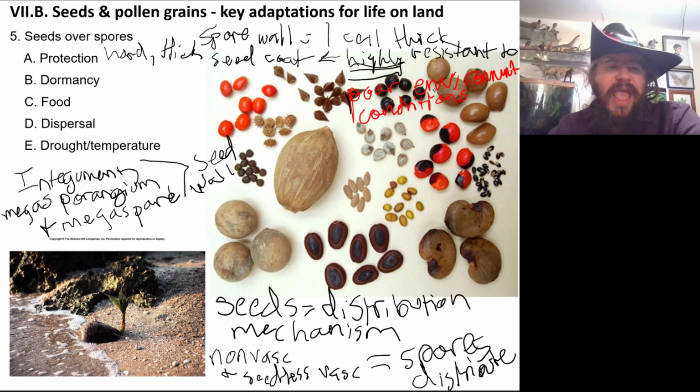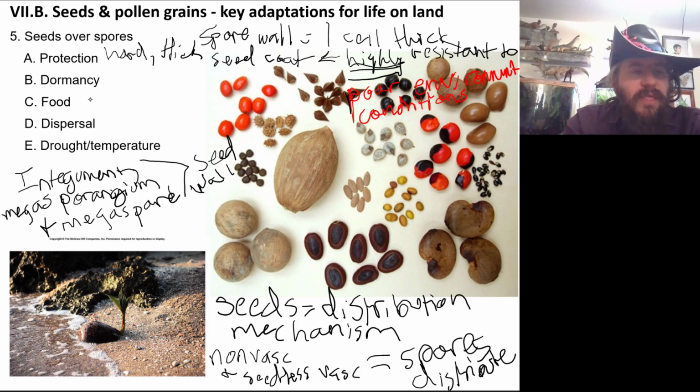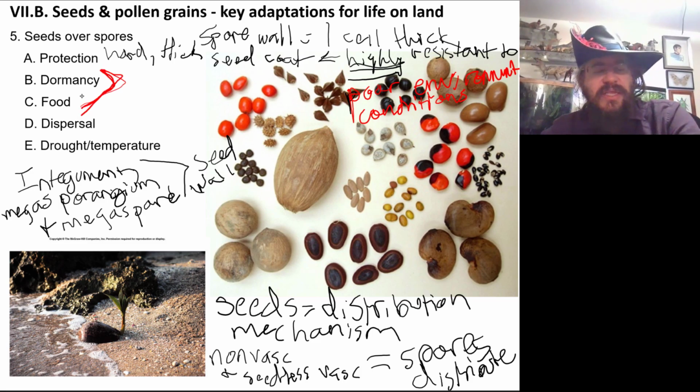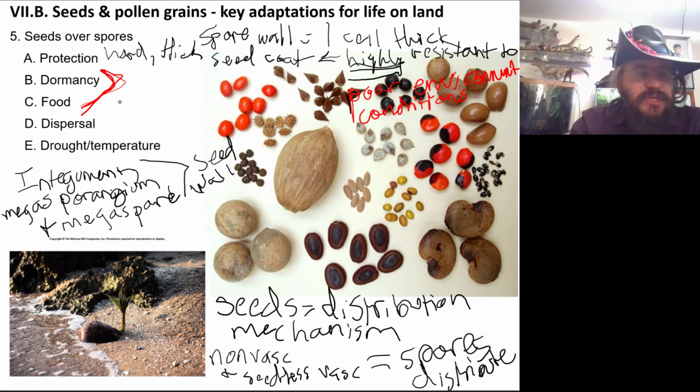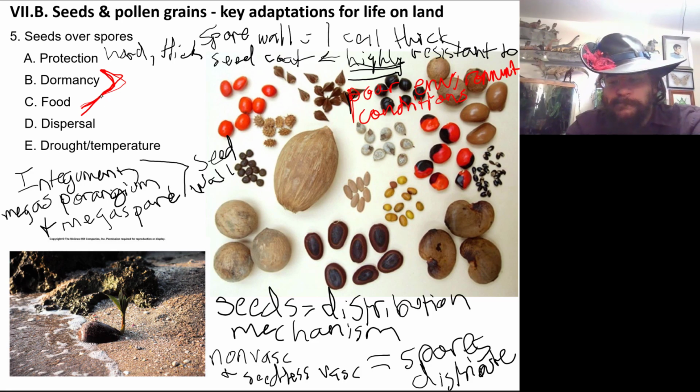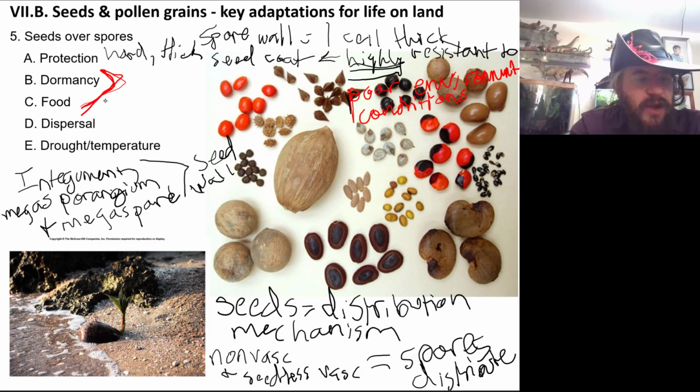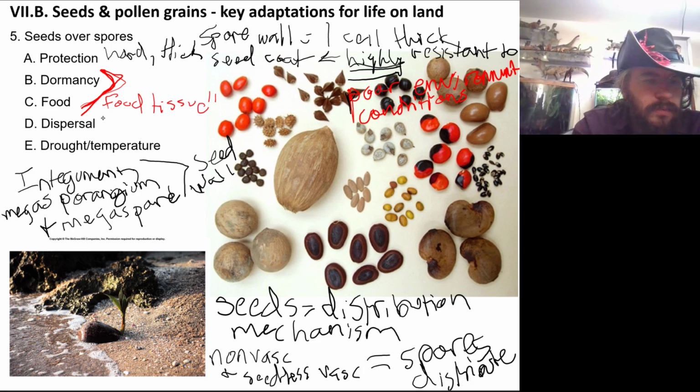Goes hand in hand with the next two bits. Dormancy and food. So let's kind of reverse these real quick. Embryos have a built-in food supply. So there is food tissue within the seed.